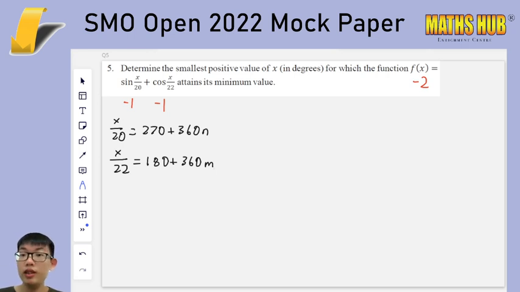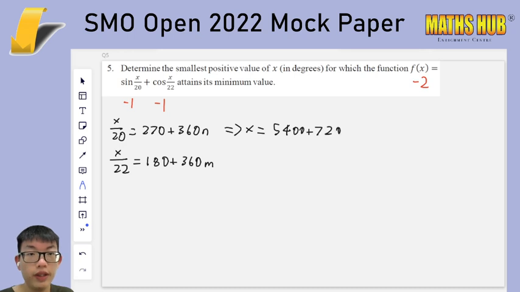So obviously the reasonable thing to do would be to just write x in terms of n, x in terms of m, and equate them. It looks like the numbers are pretty large, but it also is quite clear that everything's a multiple of 90. So after equating them, lots of stuff are going to cancel off anyway.